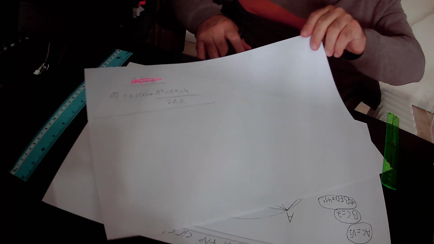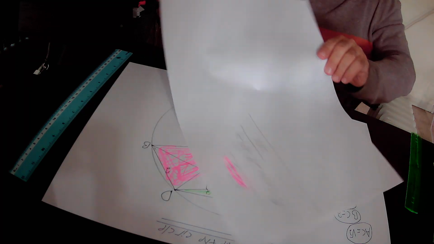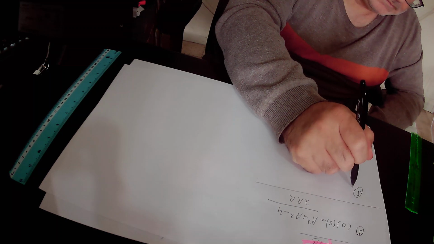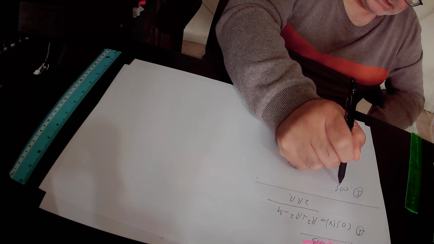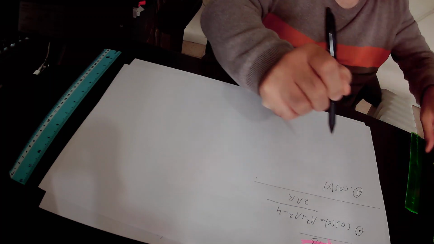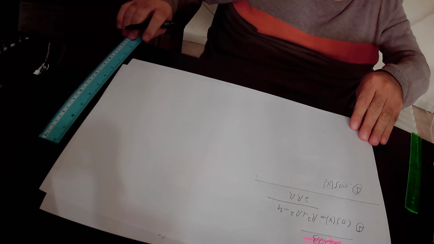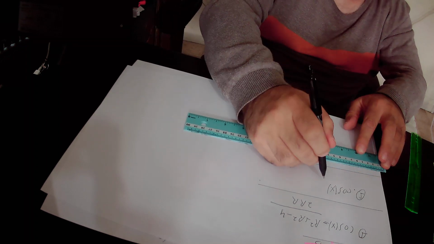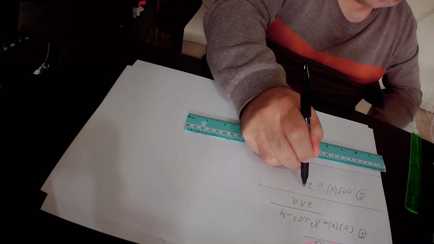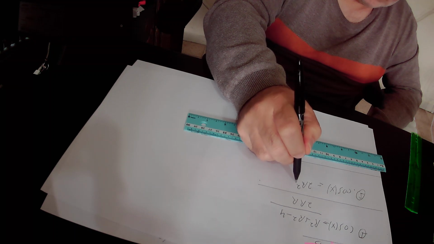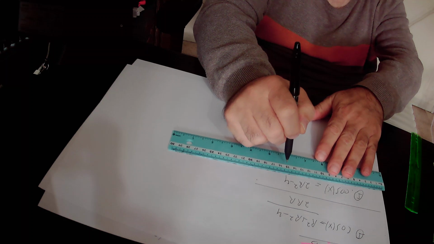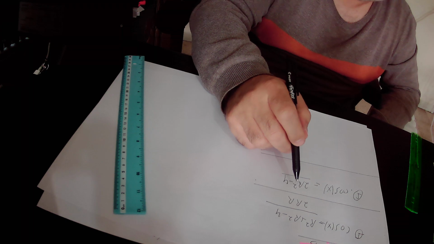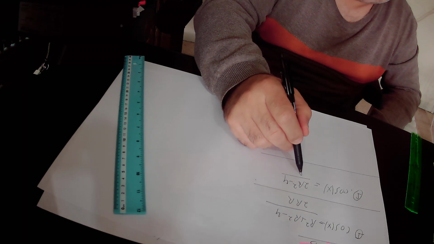So actually, according to equation number 1, cosine x equals r squared plus r squared is 2r squared, minus 4 over 2 times r times r. 2 times r times r is 2r squared.